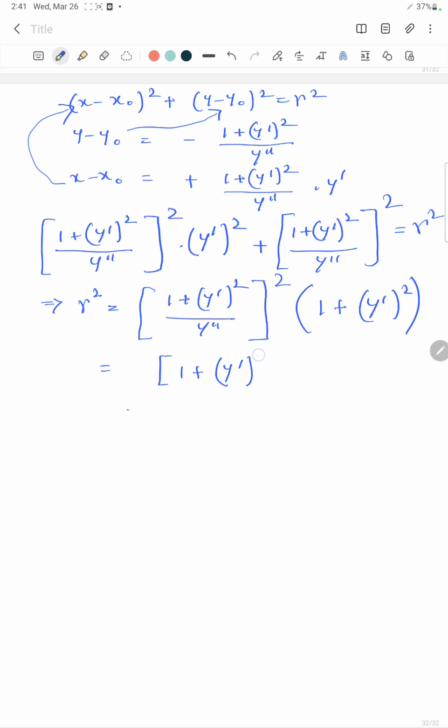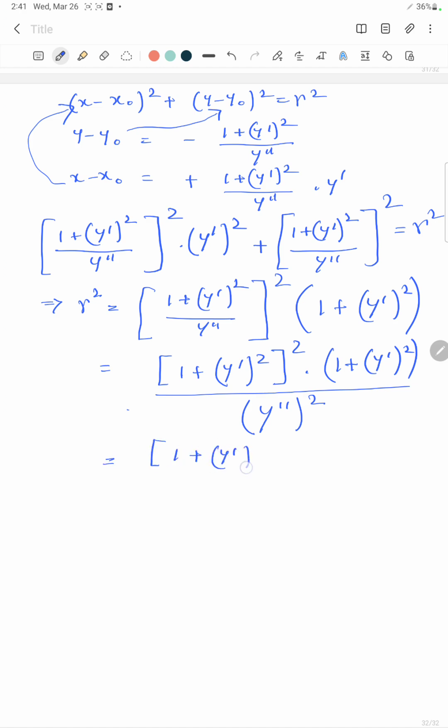In the numerator we have a term like this into 1 plus this, and in the denominator you have y double dashed whole square. Okay, so now if you take this multiplication, that will be simply 1 plus y dashed square whole cube, because here is a 1 plus y dashed square and here is a whole square of 1 plus y dashed square, and in the denominator it is simply y double dashed whole square. So this is the expression for r square.